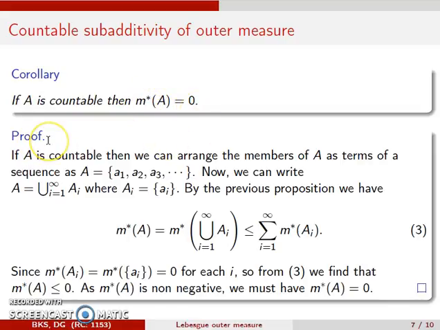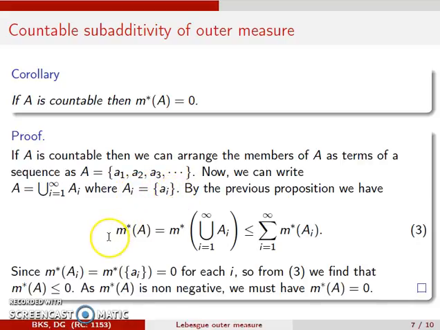The proof of this corollary follows like this: if A is a countable set, then we can arrange its members in the form of a sequence, and then we write A as a countable union of singleton sets {a_i}, where {a_i} contains the small a_i.